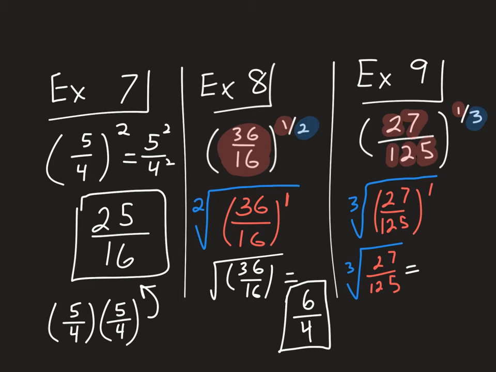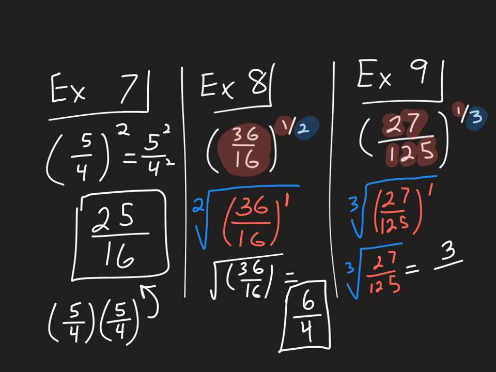Well, let's try 3. 3 times 3 is 9, that's 2 3s. 1 more 3, a third 3, 9 times 3 is 27. So therefore, 3 times itself 3 times would be 27. So the cube root of 27 is 3. Okay, same thought process for that denominator. I'm going to be taking the cube root of 125. What number multiplied by itself 3 times gets me 125?